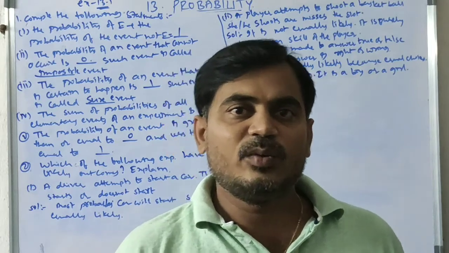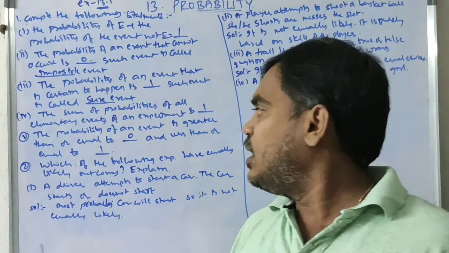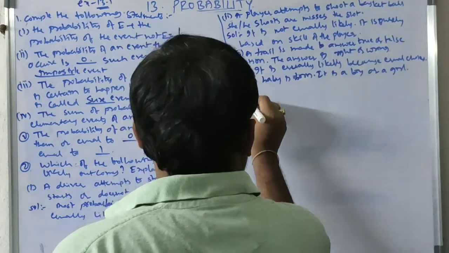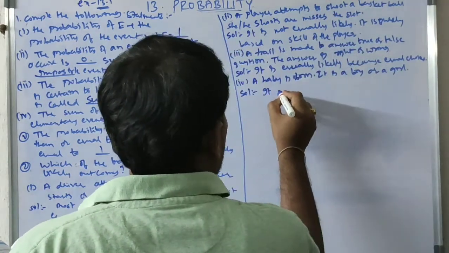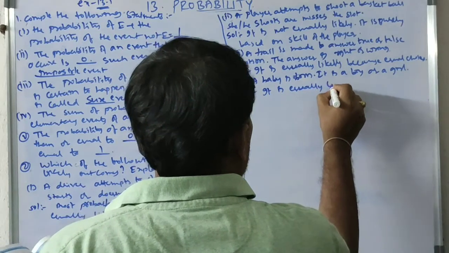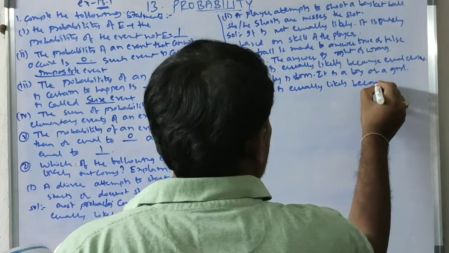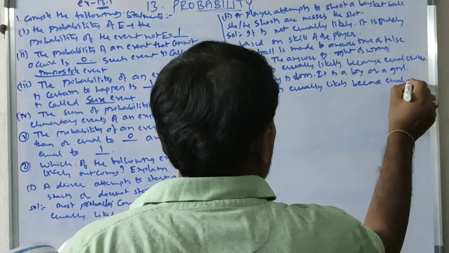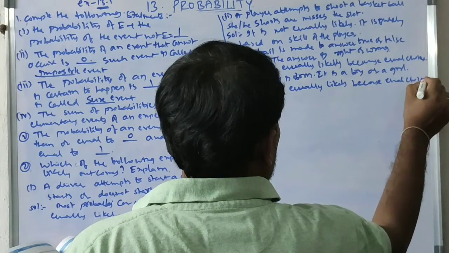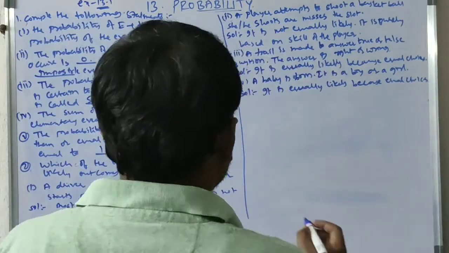There are exactly two choices, and the choices are equal. So that's why it is equally likely, because of equal choices.